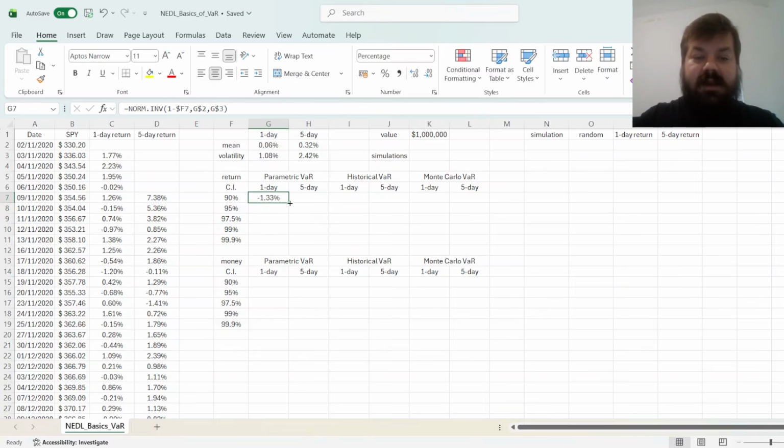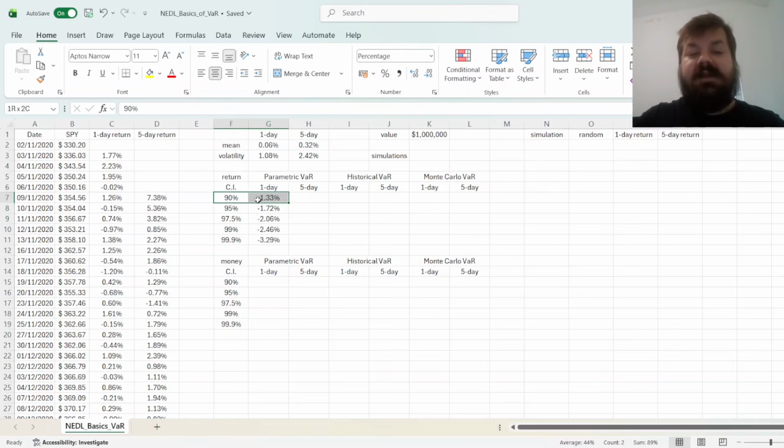This allows us to estimate daily, so 1 day ahead, parametric normal VaRs, and we see that the more stringent the confidence interval, the greater in magnitude is the loss. Again, interpretation is quite simple.